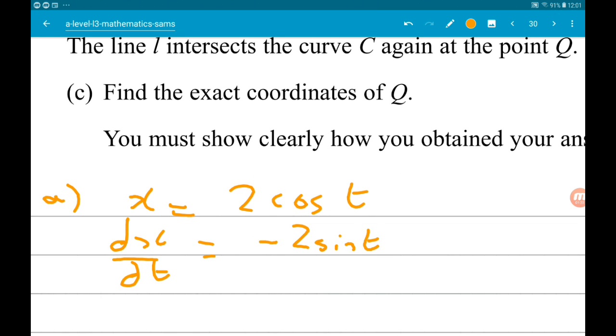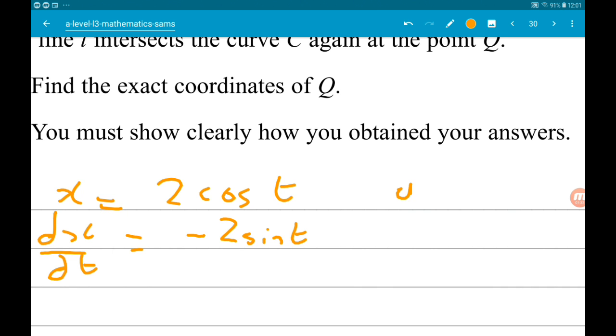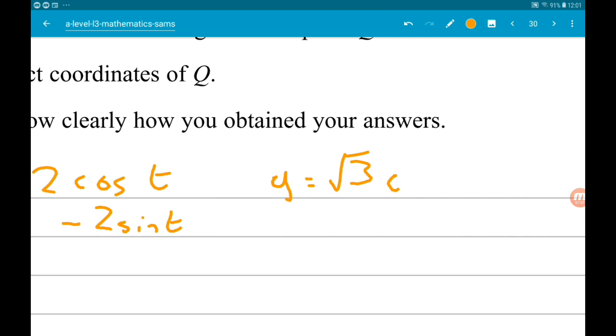And then y is root 3 cos of 2t, so dy by dt is, using the chain rule, we differentiate 2t and we get 2.